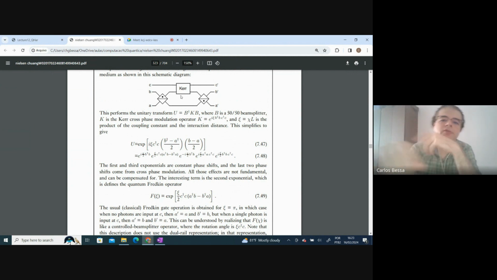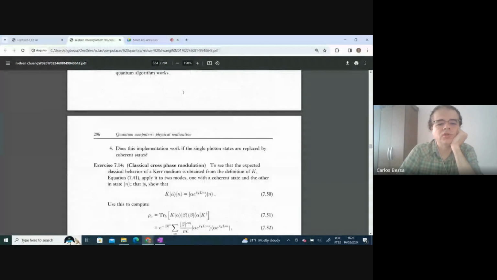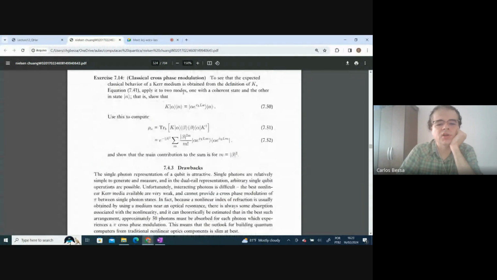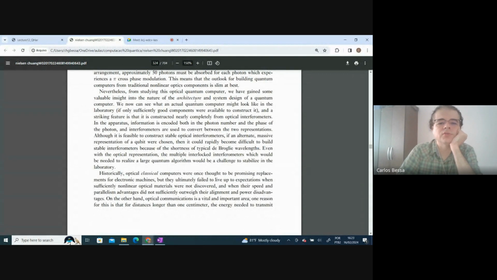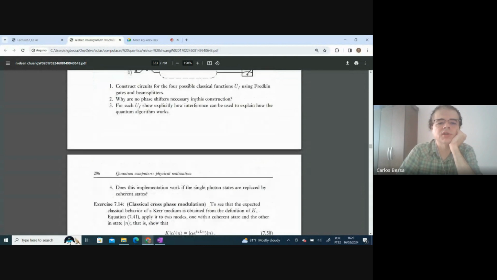But they could interact, in a weak interaction, depending on how strong the non-linearity effects are in the media. So it could interact. This is one of the drawbacks that we will comment on here, but we discuss this in the next one.